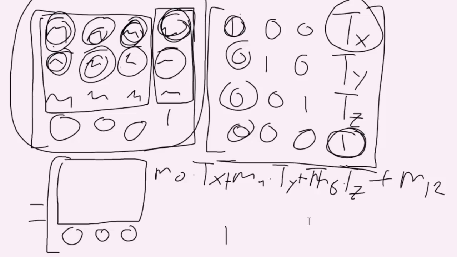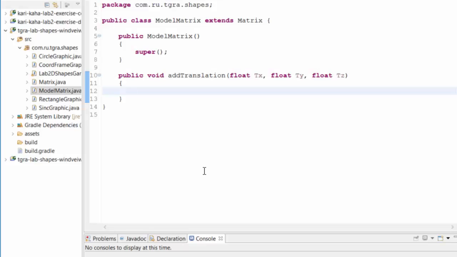So in the end, if we move that to code, we should be able to simply say, we're going to make these floating point values here. m12 is one of the ones that change.